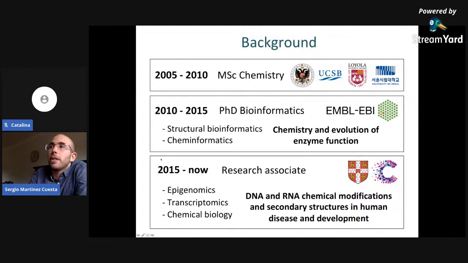And then since 2015, I've been a postdoc at the University of Cambridge and at the Cancer Research UK, where within the Balasubramanian group, which I'll introduce in a minute, we've been developing different types of methods to look at chemical modifications and secondary structures in DNA and RNA.